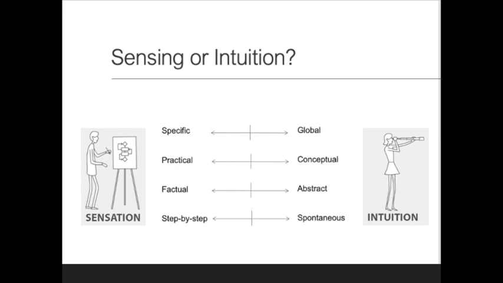If I were to ask someone with a preference for intuition to describe the same painting, the chances are that their initial reaction would be quite different. They might be more likely to talk about the feelings that the painting evokes. They might talk about the anguish or the despair.